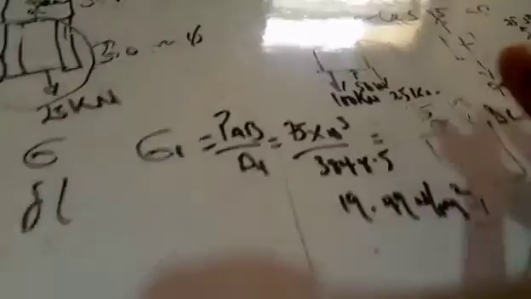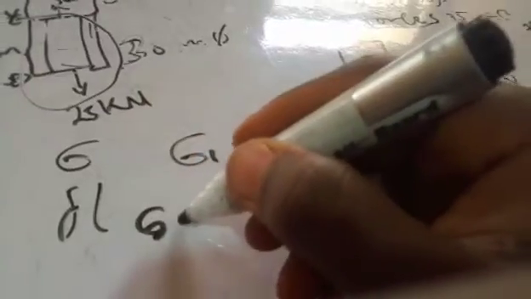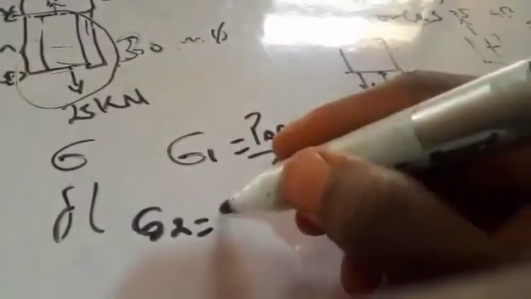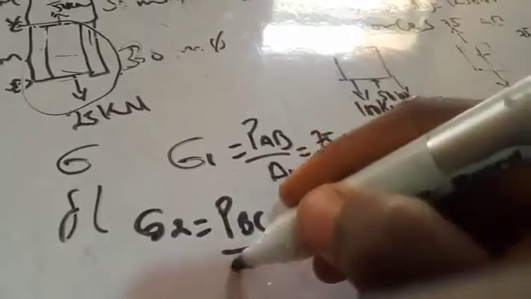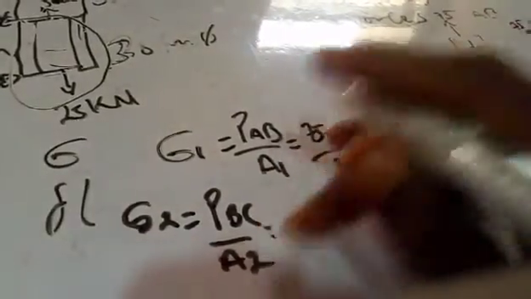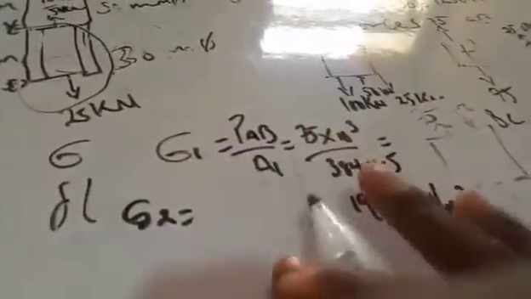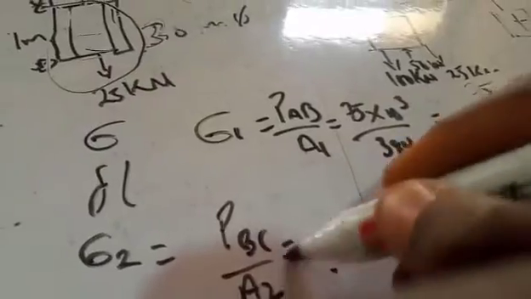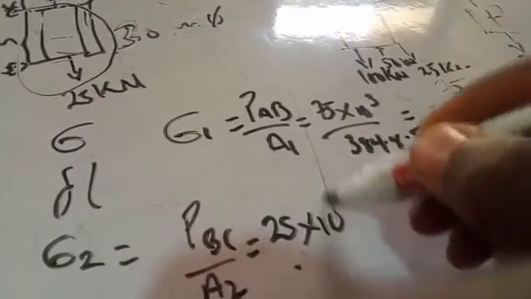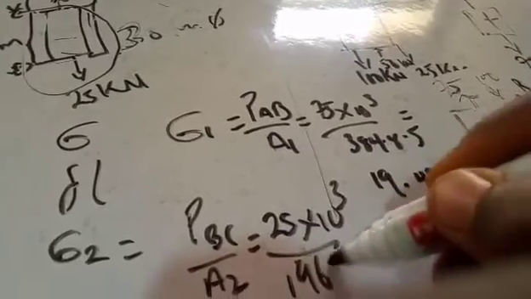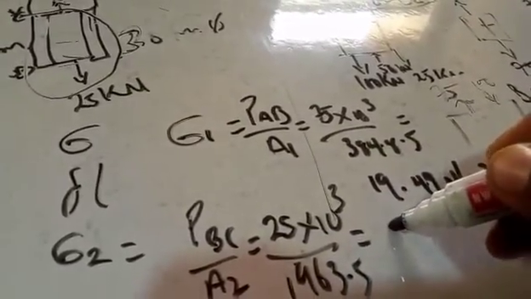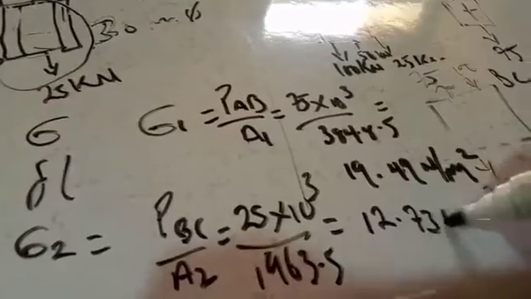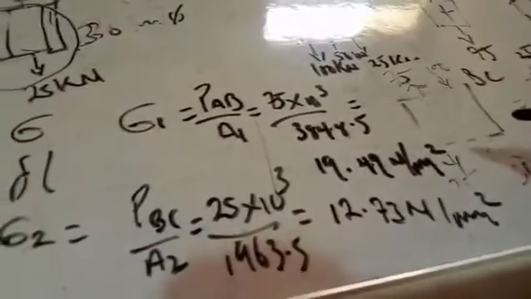Now the second stress will be P_BC over A2, which gives us 25 times 10 to the power 3 over 19, which gives us 127.3 Newton per millimeter squared.